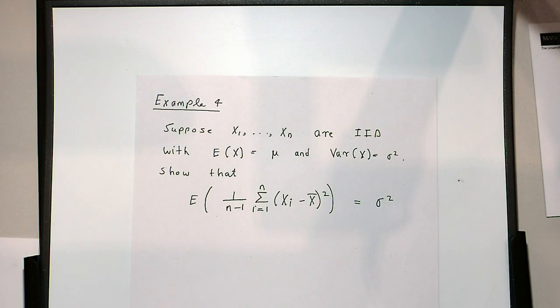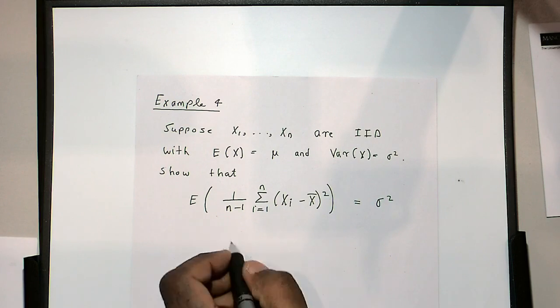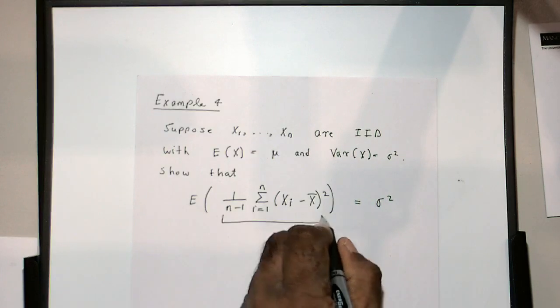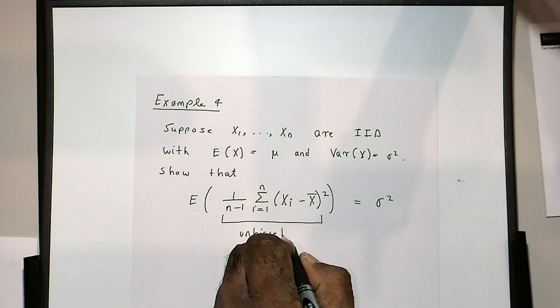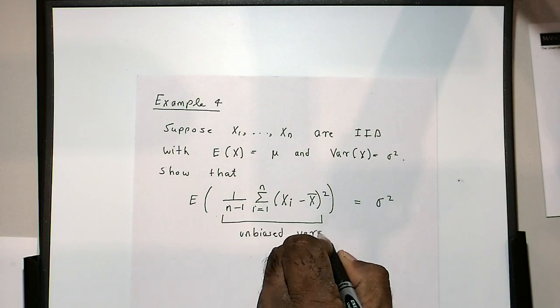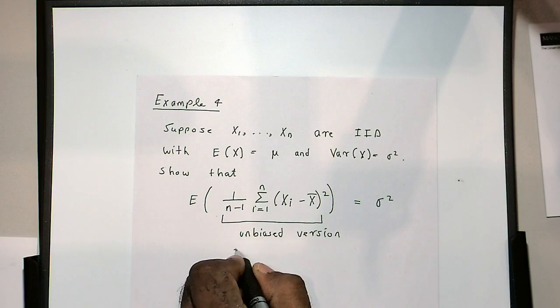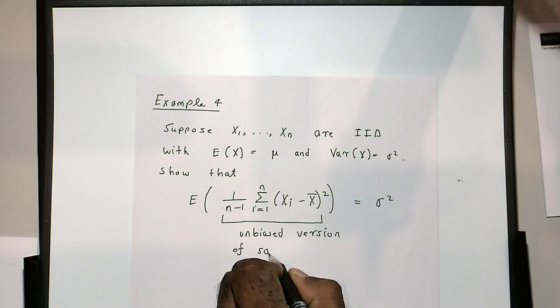So this is a proof question, right? You have a random sample from a population with the population mean equal to mu and the population variance equal to sigma squared.